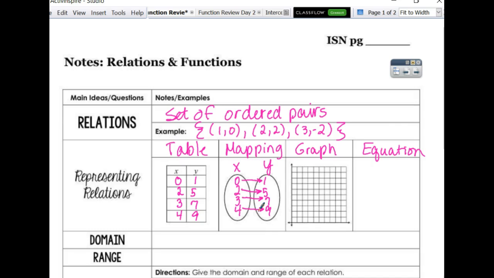And if I was going to graph this set of ordered pairs, this is the X and this is the Y. So if this is a defined set of ordered pairs, do I connect those dots? Yes? Why?